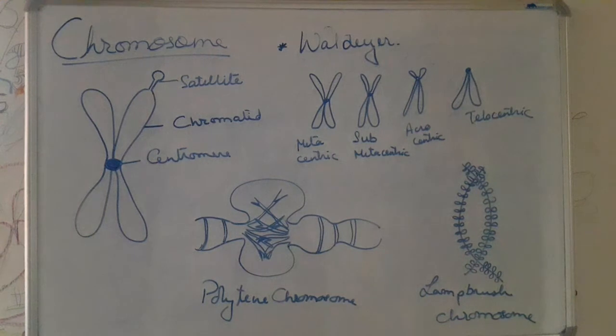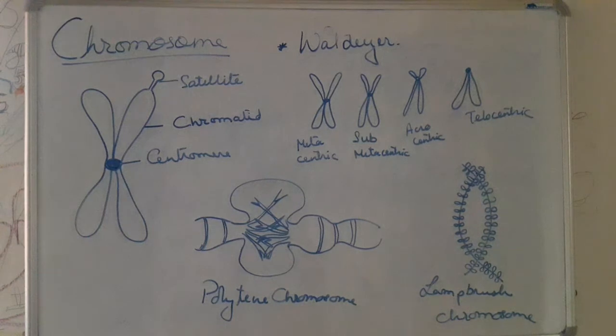That means they occur in the diplotene stage of most animal oocytes, in the embryonic stage, during egg formation. They are much larger than the polytene chromosome. So if the question comes which is the largest chromosome, then definitely we can mention that the lampbrush chromosome is the largest chromosome.